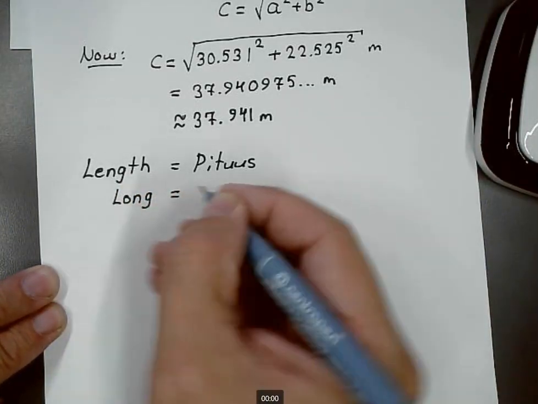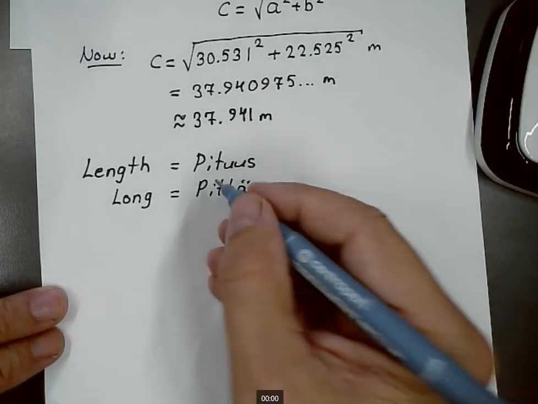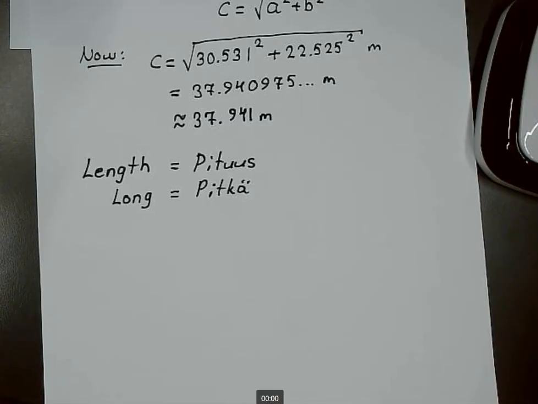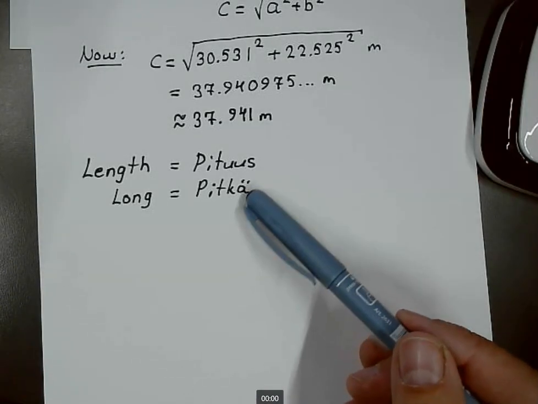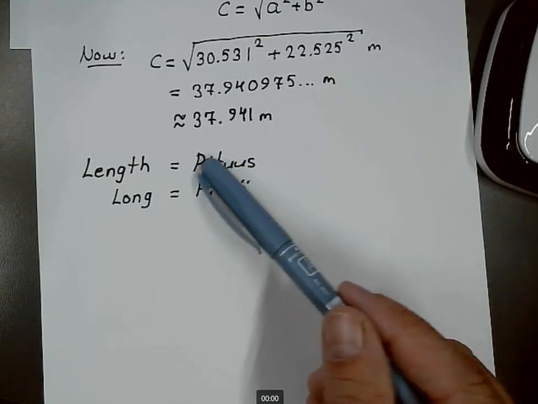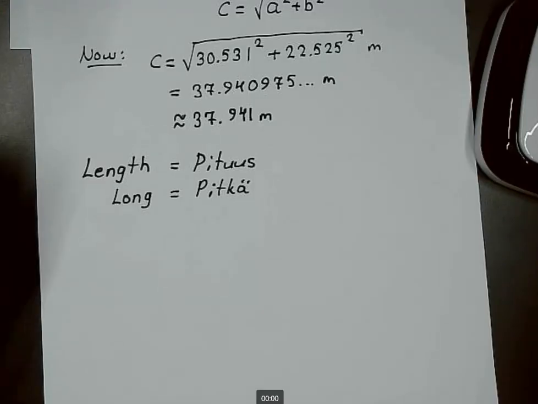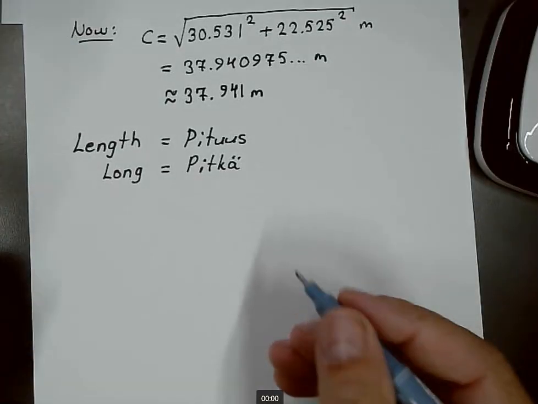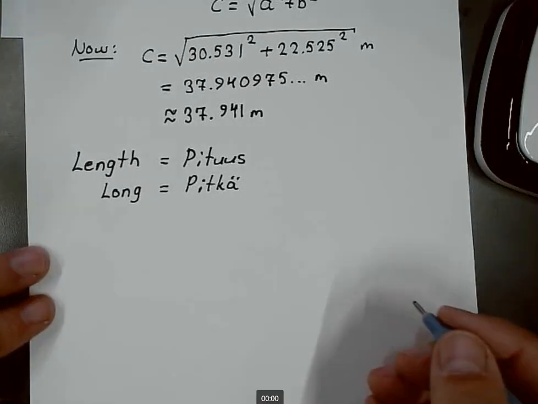Long is pitkä in Finnish. That is the word from which the word pituus comes. Pitkä is long, and pituus tells how long you are.